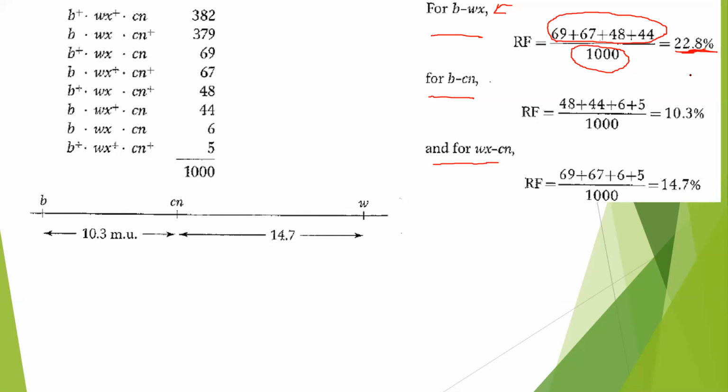That's the recombination frequency between these two genes. You do this for all the gene pairs and now you have three numbers. Don't worry about the biggest number, because we're not going to use it. We're going to use the two smaller numbers and put them in the map.